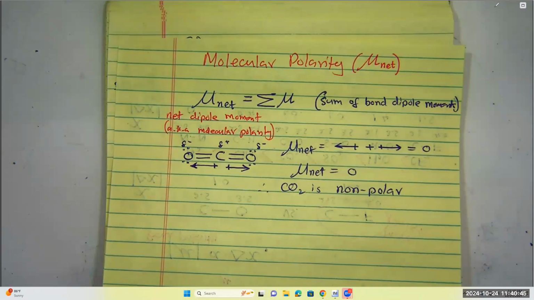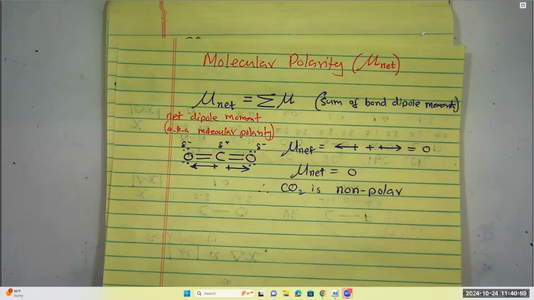Oh, by the way, the dipole moment is a vector, just like displacement. In CO2, it's just like me walking to my right, 1, 2, 3, 4, 5, turning around, and then walking the other way, 1, 2, 3, 4, 5.